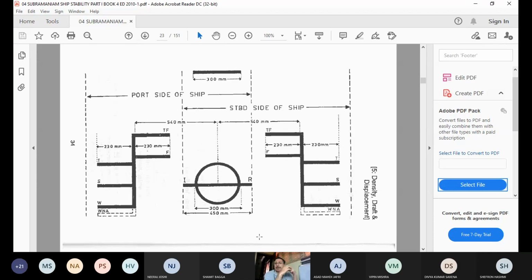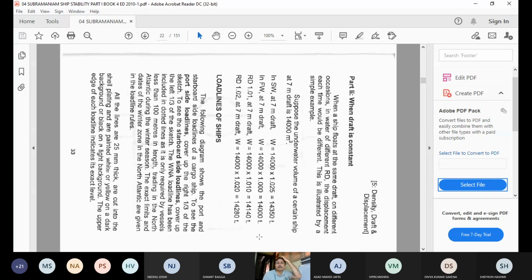You are loading in winter in UK and you are going to a port which is in winter North Atlantic, and your vessel's length is less than 100 meters, let's say, because winter North Atlantic is applicable for vessels less than 100 meters.